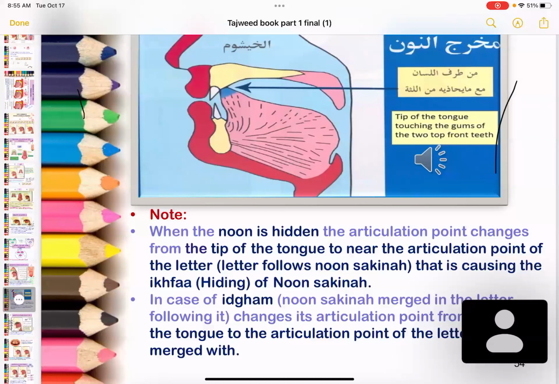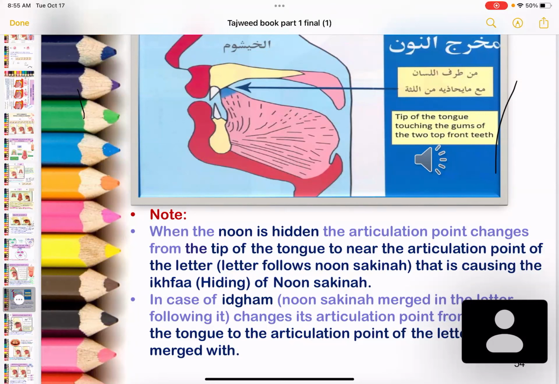Like the word anfusihim, you have noon sakin followed by fa. So I have to hide the sound of noon. And how do I hide the sound of noon? I do not let the tip of my tongue touch the makhraj of noon. I bring it close to the makhraj of noon.